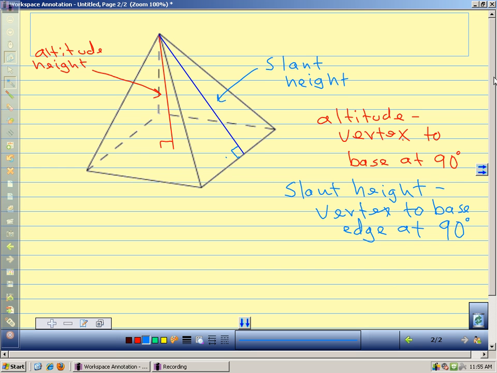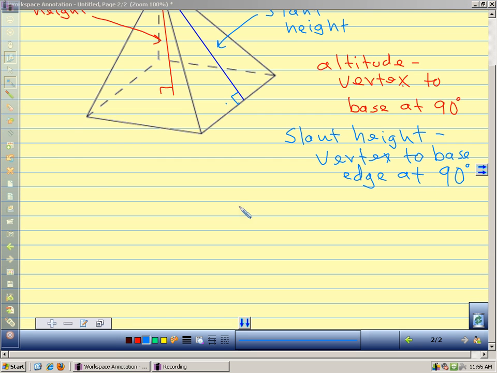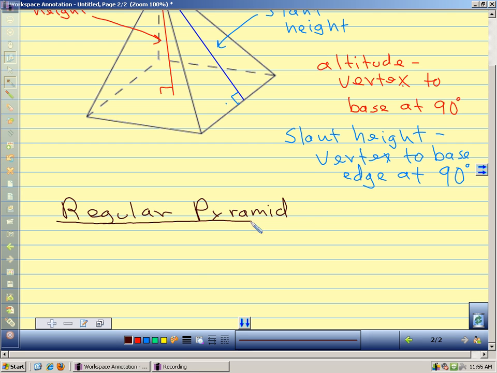All right, let me add one other bit of information because we need to know just a little bit more before we write our formulas: a regular pyramid. We've been talking about how some formulas work for regular shapes and some work for any shape.